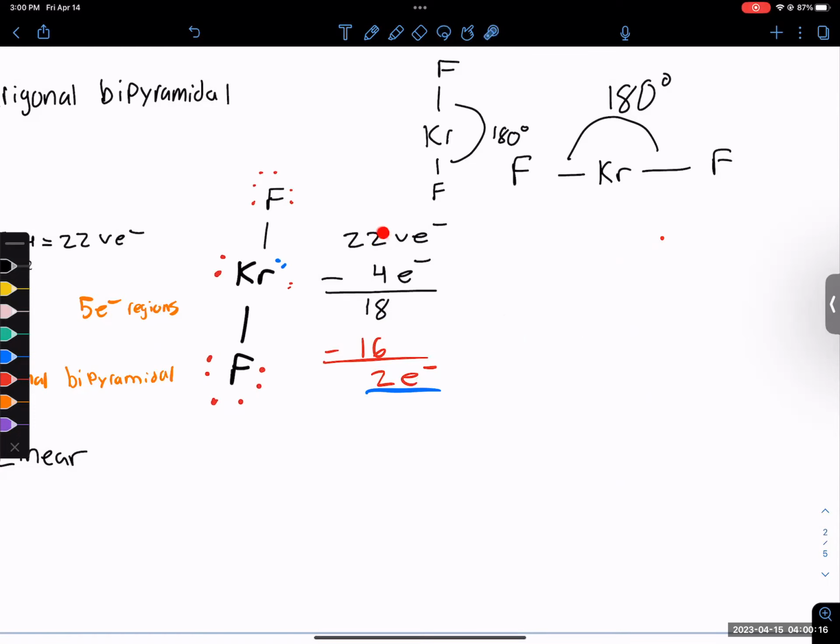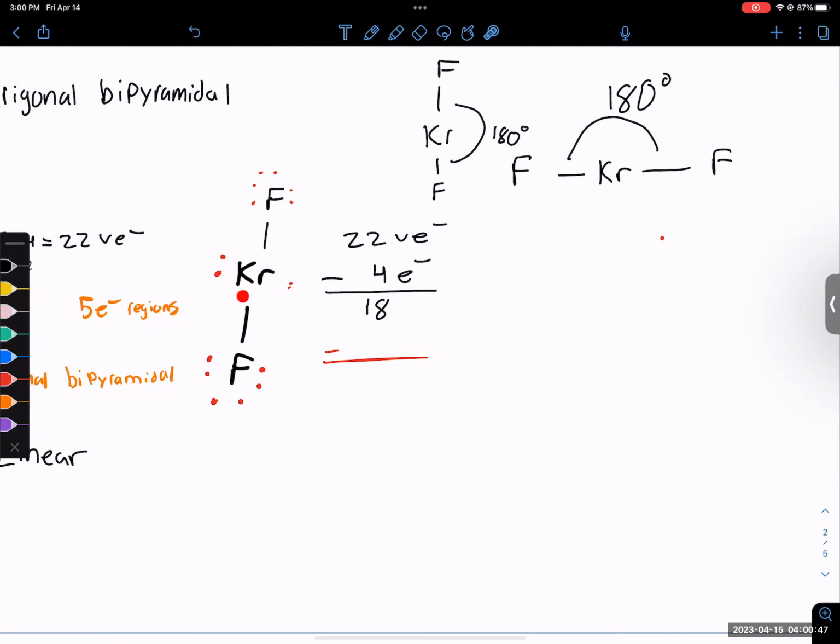We started off with 22, and then we used 4 up in the bond. So we did 22 minus 4 to get 18. And we realized that before we got to this step here, we needed to put at least 2 more lone pairs on krypton to give it a total of 8, because it had 4 to begin with.